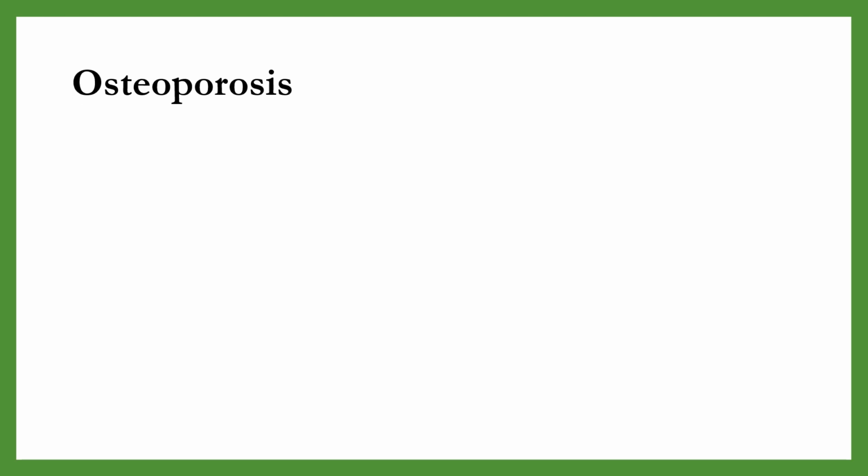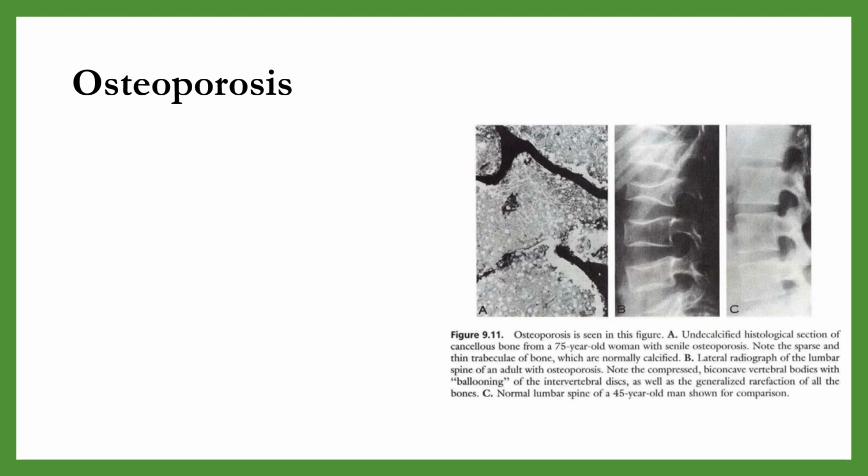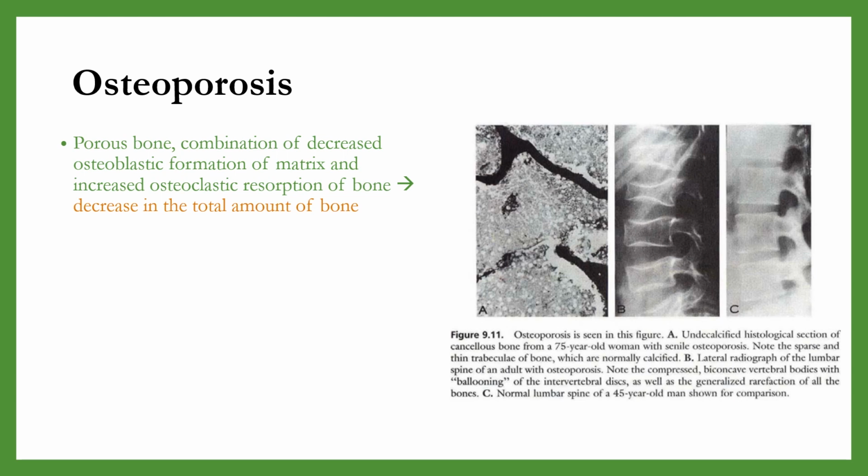Osteoporosis. Porous bone, a combination of decreased osteoblastic formation of matrix and an increase in osteoclastic resorption of bone that results in a decrease in the total amount of bone. It is one form of osteopenia, which is too little bone.